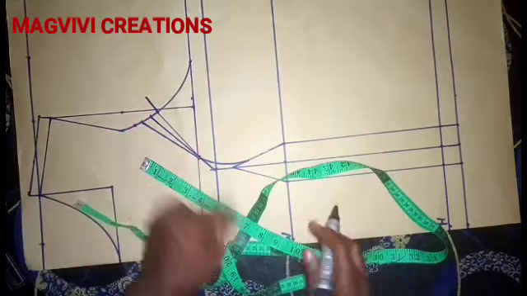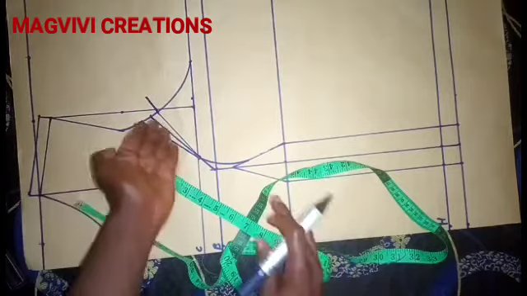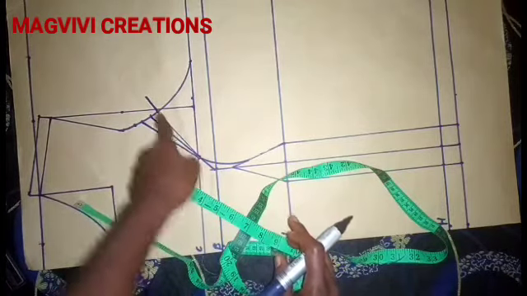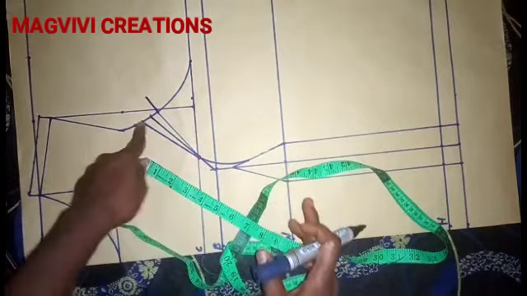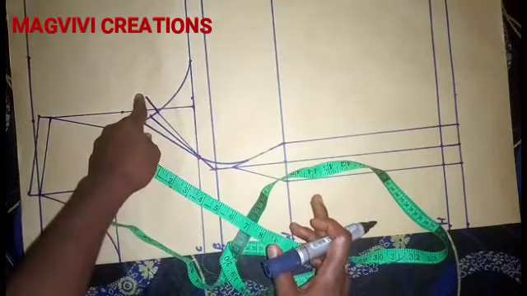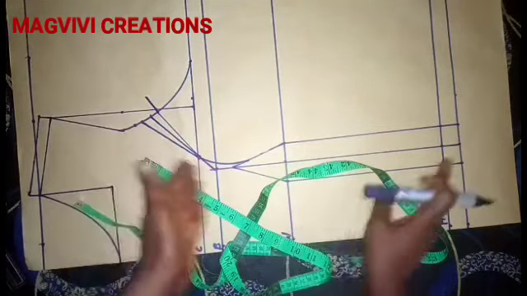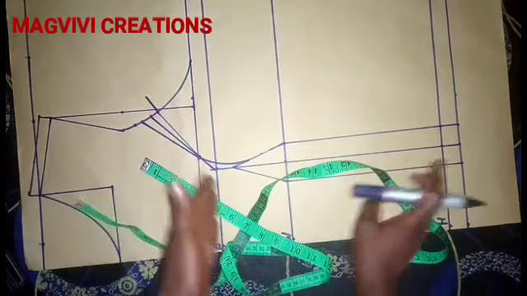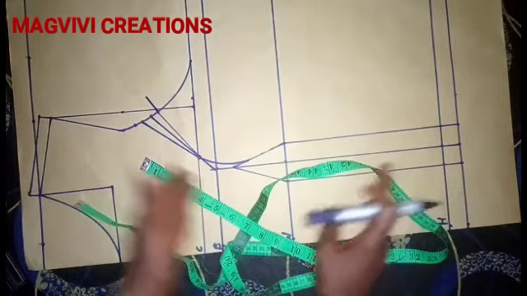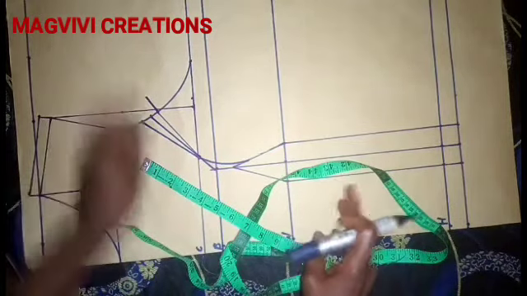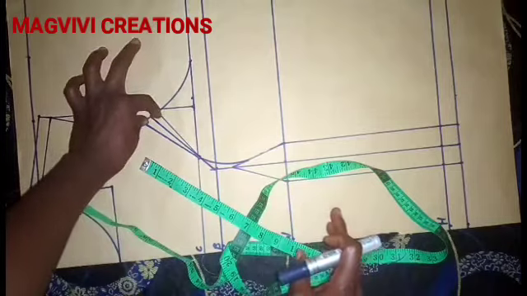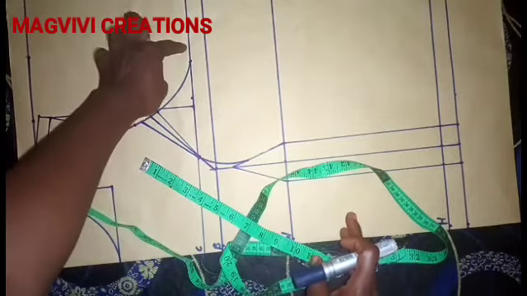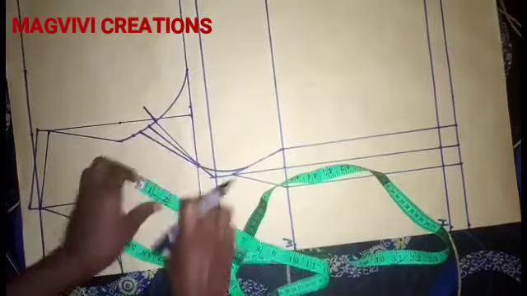The reason we are doing this is that by the time you cut it, this side of the armhole will become shorter than this side. If you don't extend it, when you sew it, your blouse will be short, one side will be longer than the other, so you have to extend it. Then this 1 inch will also be replaced here.